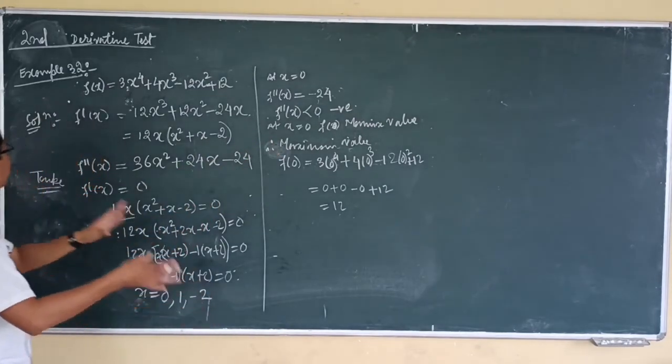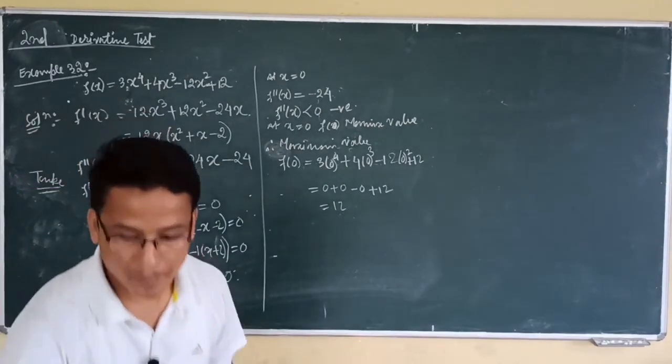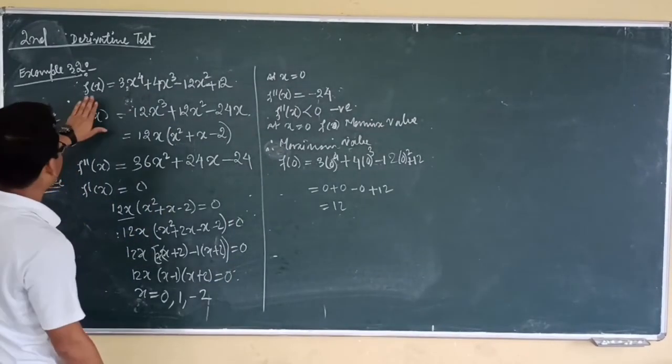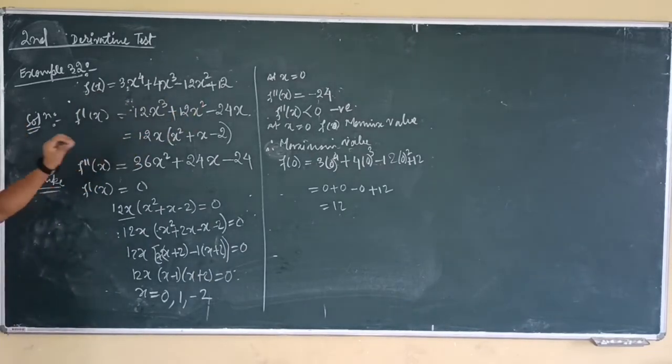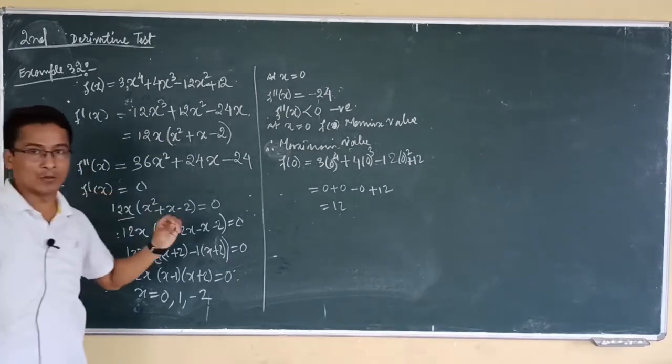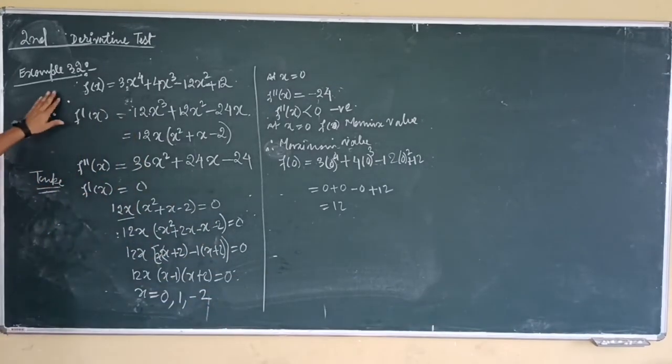Once again I explain this example number 32. f of x is given, this is the given function. They ask us to find the local maximum or minimum value of that function. So we differentiate, that means f dash x.